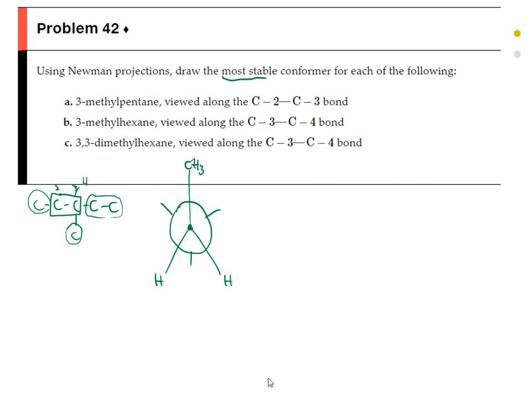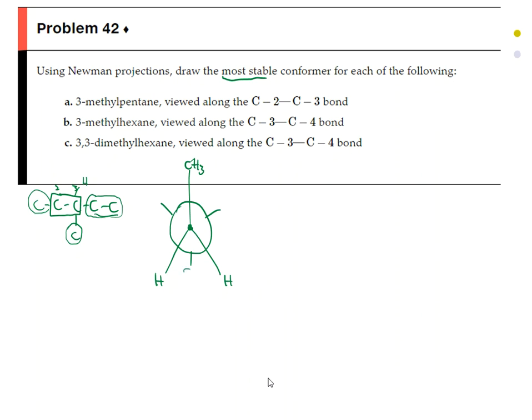Now, the question says the most stable. So the bigger houses, the further apart they want to be. What does that mean? Well, this is an ethyl group. This is a big old mansion. And that ethyl group better be far away from that methyl that's on my first carbon.